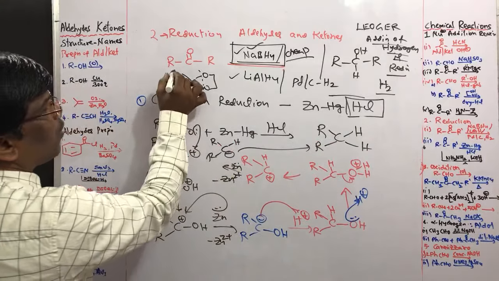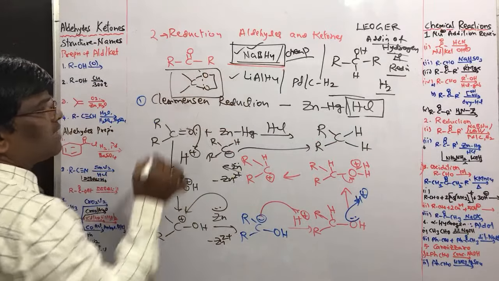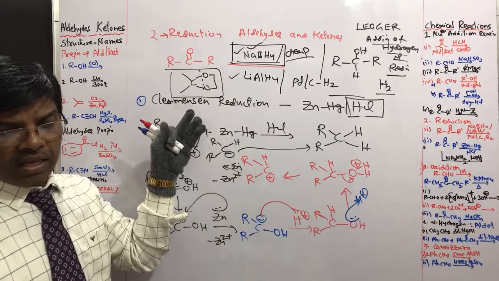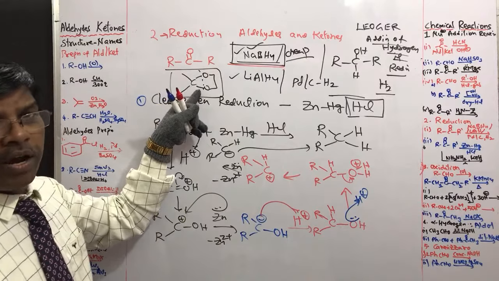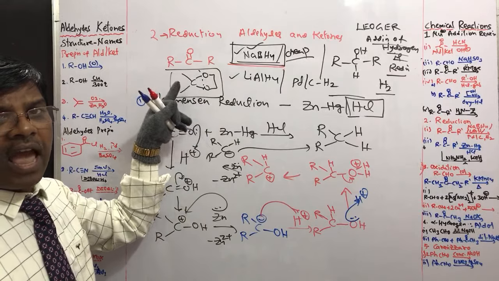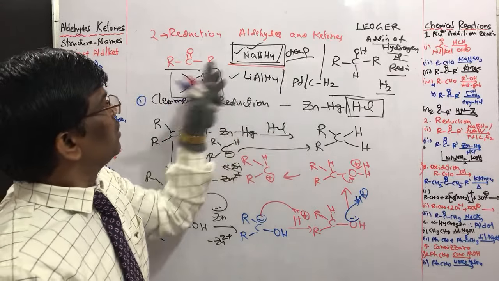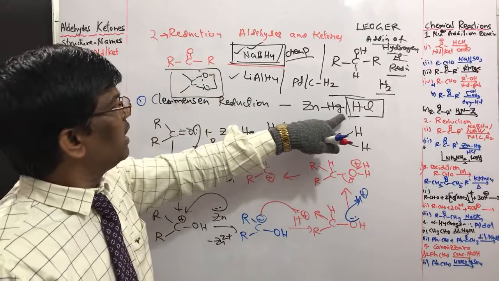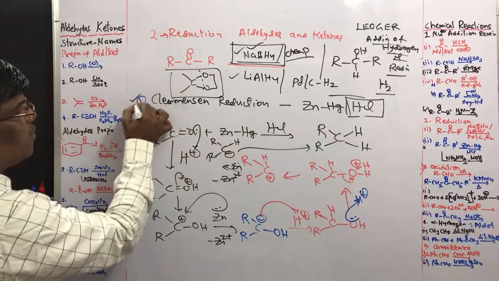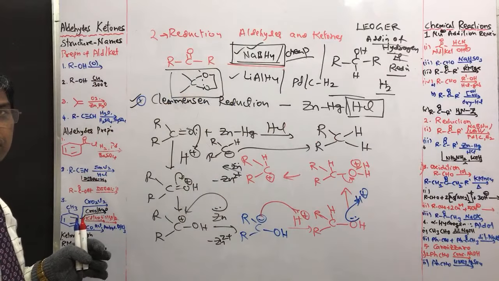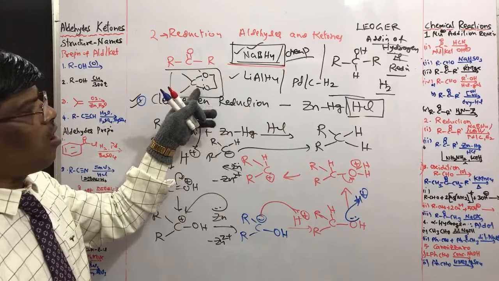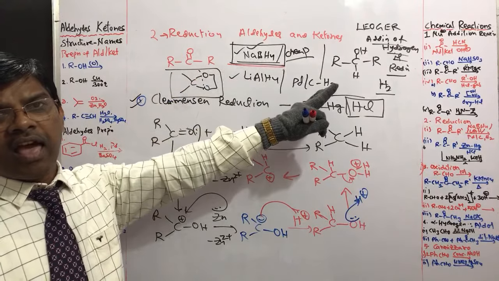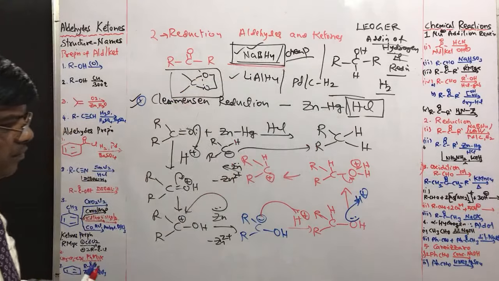So the compound which is having an acid labile group, yes, students, please concentrate on this type of key points. When the compound is having an acid labile group, that compound is not useful in the Clemmensen reduction reaction. Right? So Clemmensen reduction is not useful for compounds which have acid labile groups.